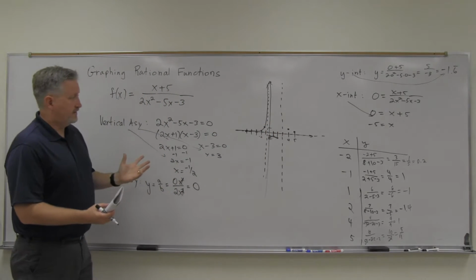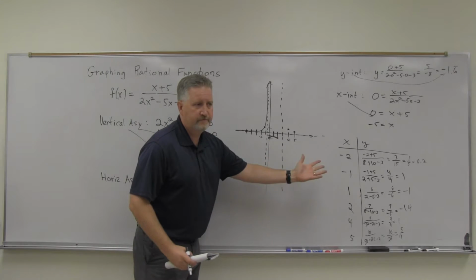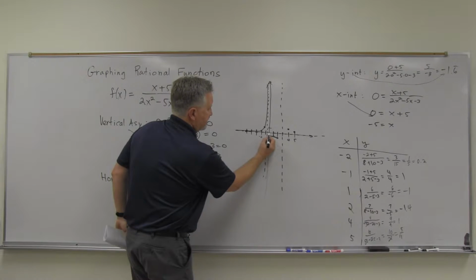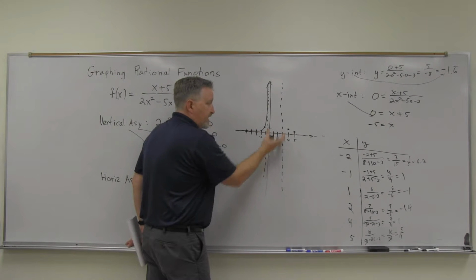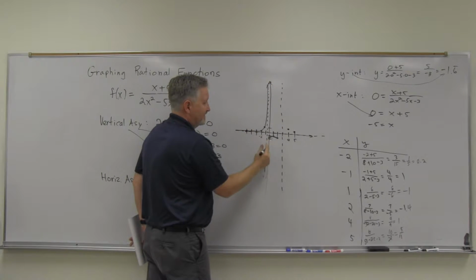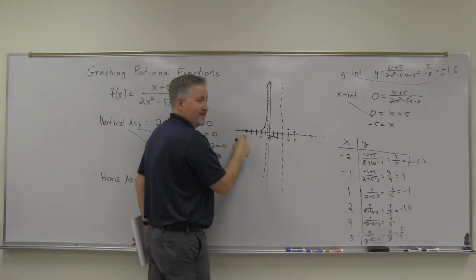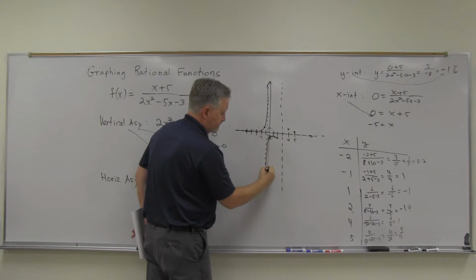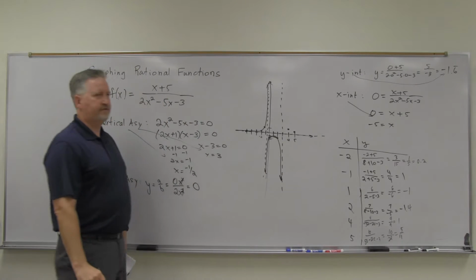So it looks like, if you need more, we could do like a 2.5 to see if we needed more confirmation of this, and maybe a point between 0 and minus a half if you need to, but it can't go back up. You see that? Why do I know it can't go back up? There's only one x-intercept. There's not an x-intercept here. So it's not going back up in here. Yeah, it's down on both sides here. So that's a little different than we've seen.